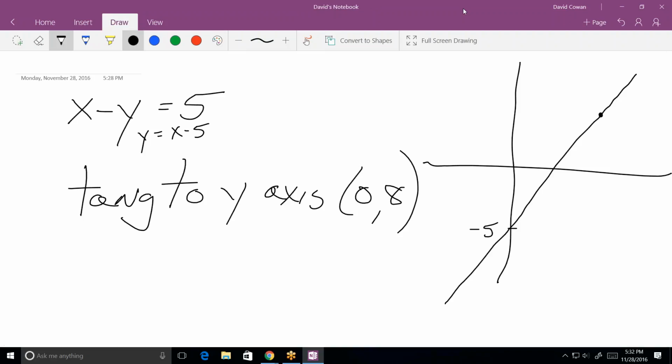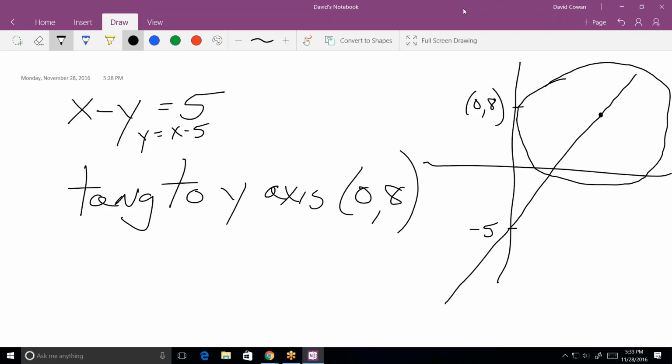Let me make this point 0, comma 8. Okay. I don't think it matters that our scale is different. What they're saying is that the circle is tangent to the y-axis at that point, and if the center of the circle has to be on the line, then there's a reasonable drawing of it, and none other would work.